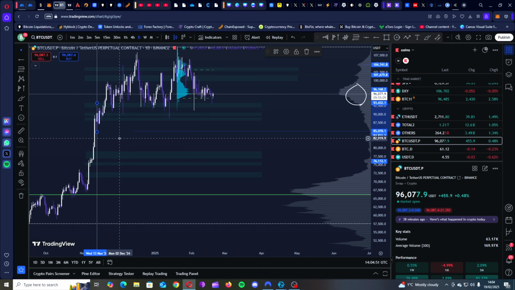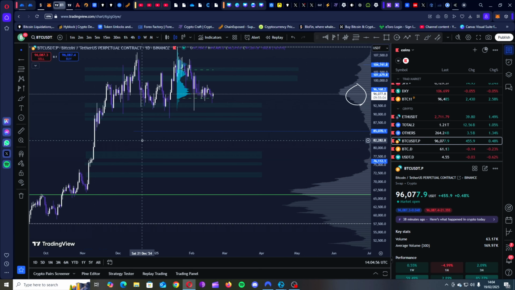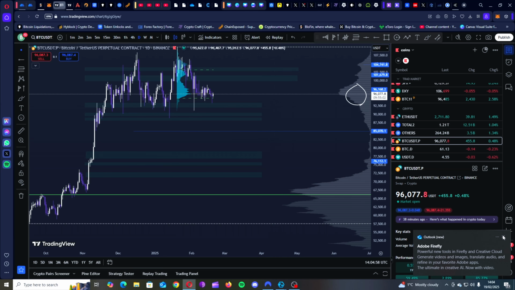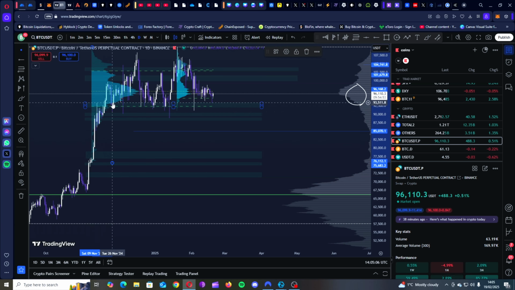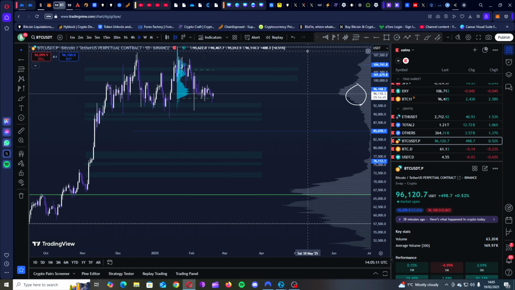When it wants to load. Maybe it don't want to load. You know, it's only just showing that point of control there.